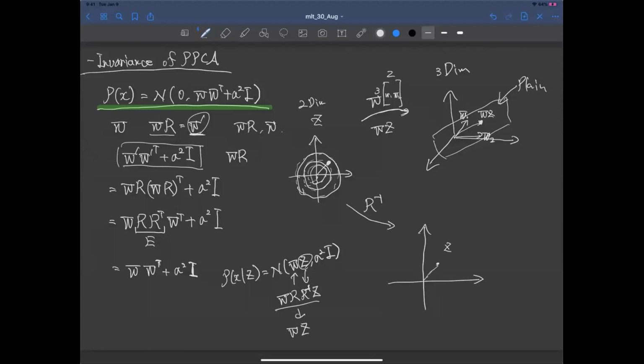Let's say the linear transformation R is like this, then R inverse will be here.